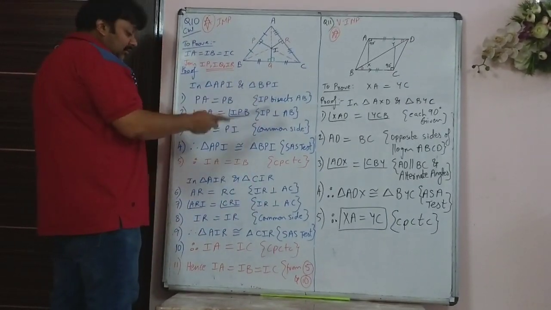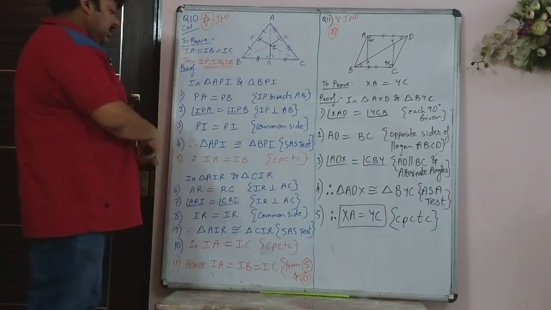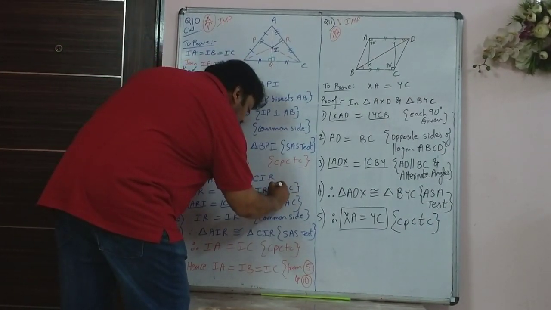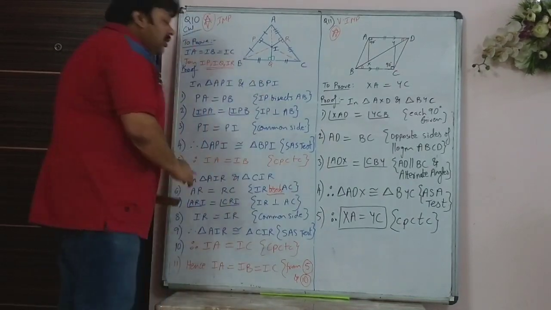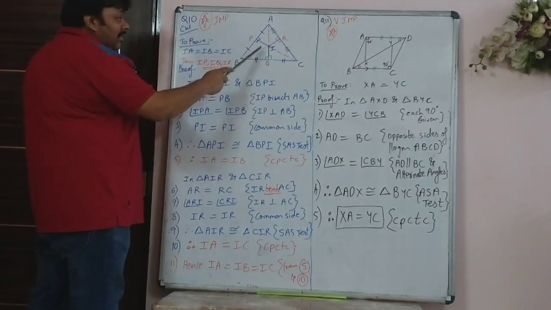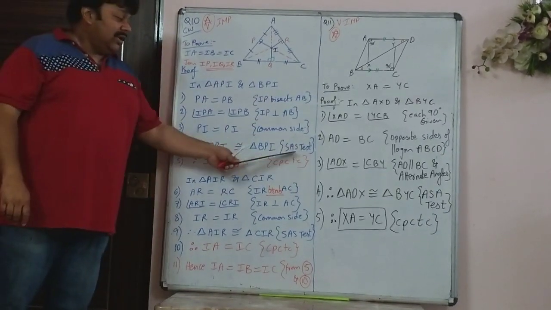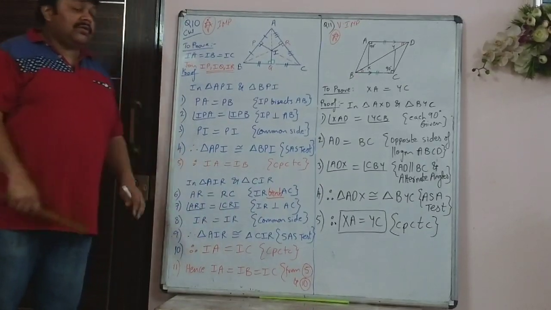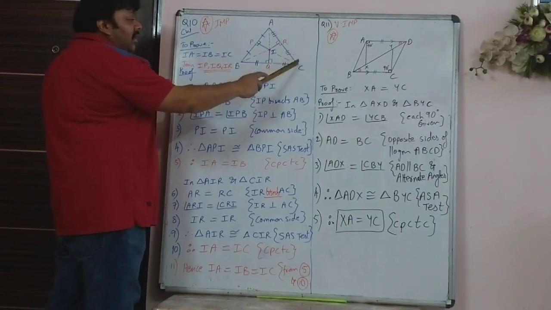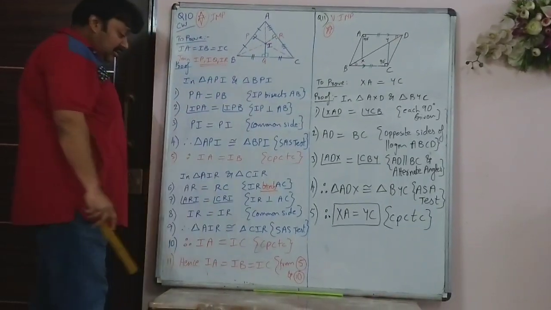And same way, AR is equal to RC, the reason for that is IR bisects AC. It is given perpendicular bisector. Same way IP bisects AB and IP perpendicular to AB. Those reasons have to be written, and when you prove the triangles congruent, you need to write SAS test. So here also triangle AIR and CIR are congruent by SAS and common side IR.